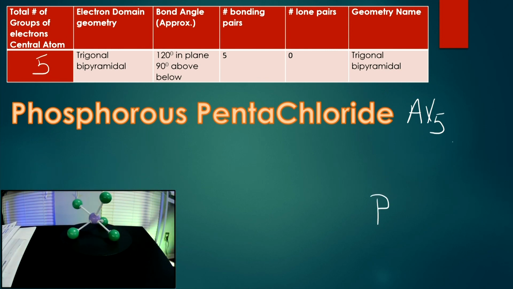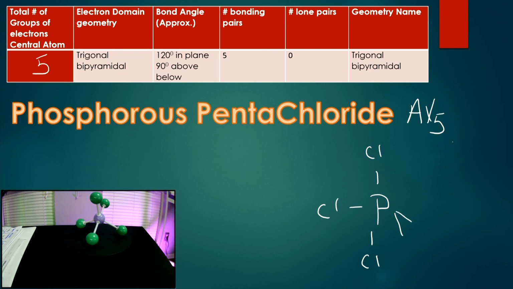Again, we need to represent the atoms that are in the same plane and the atoms that are above and below the plane. So we are going to have chlorine here, here, chlorine here, and then a chlorine here and one moving away from us.